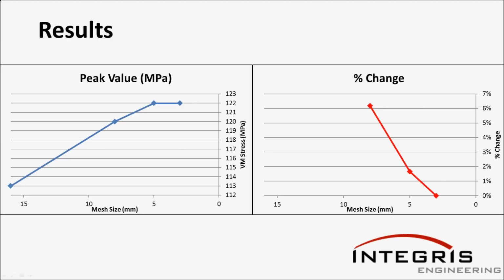I extracted stress values from that weld line we are examining, and you can see as the mesh size gets smaller, we do converge upon a value of 122 megapascals, and that was actually achieved at the next to last mesh interval.